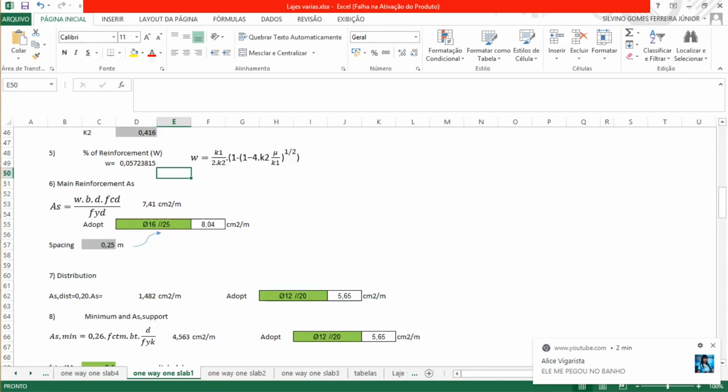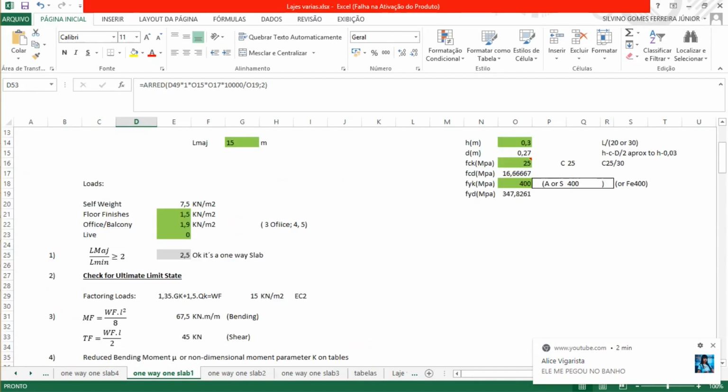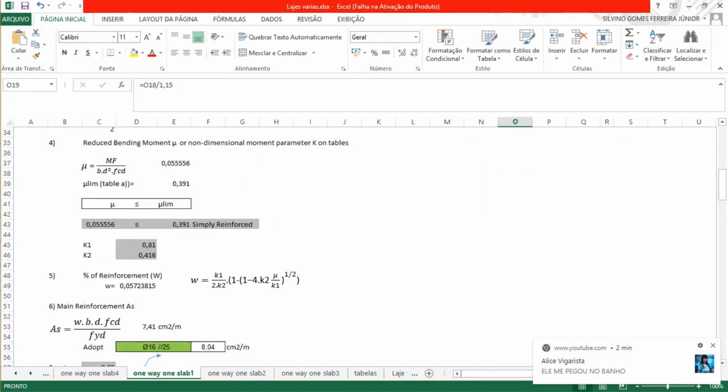By FCD, that we saw already 16.67, and we divide by FYD. This is already FYD calculated here, 347, that we get from 400 divided by 1.15.